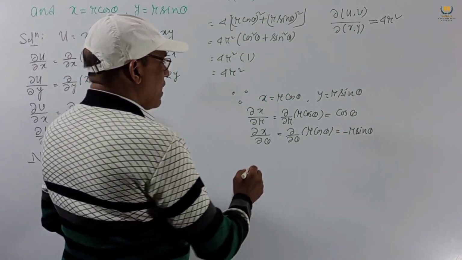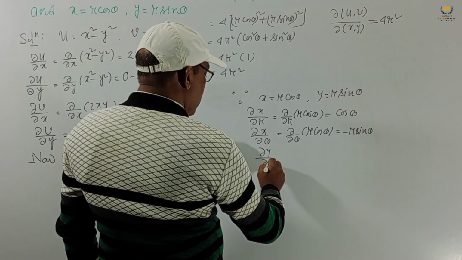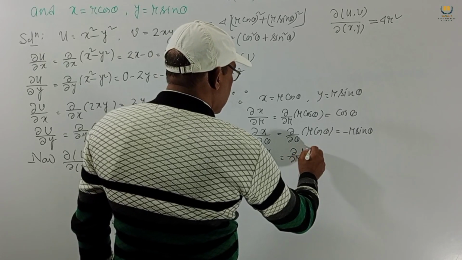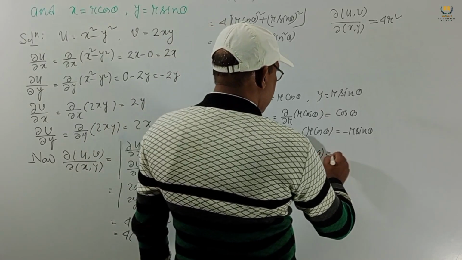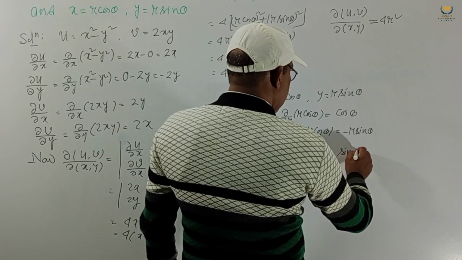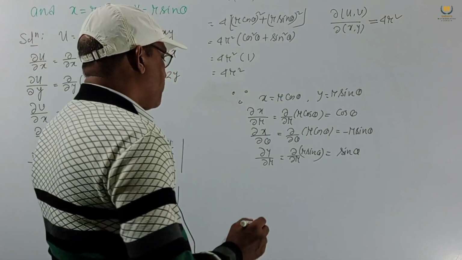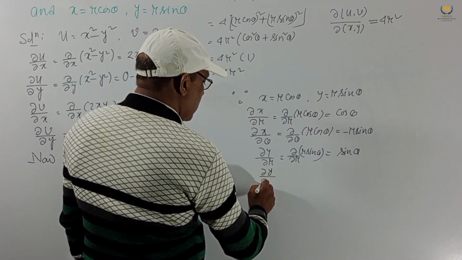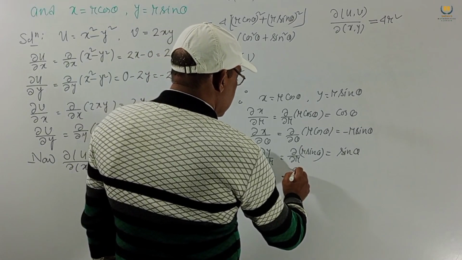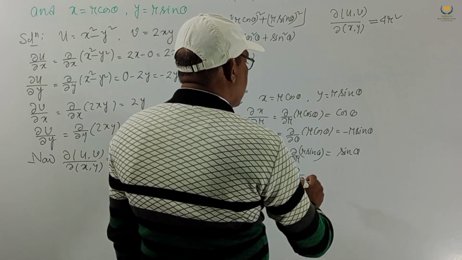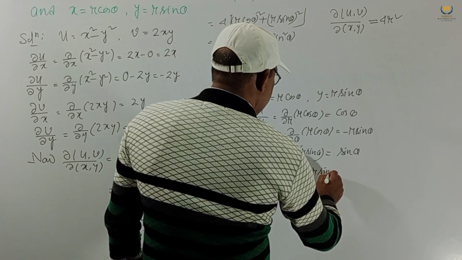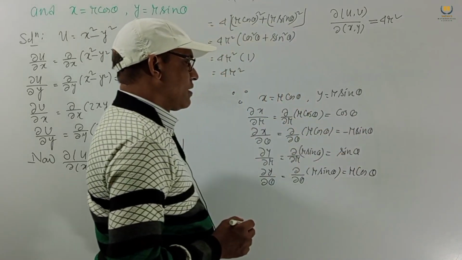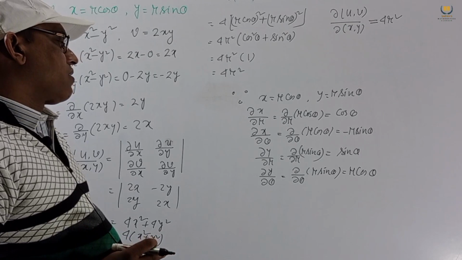Next, ∂y/∂r: differentiating r sin theta with respect to r, this is sin theta. ∂y/∂θ: differentiating r sin theta with respect to theta, this is r cos theta.